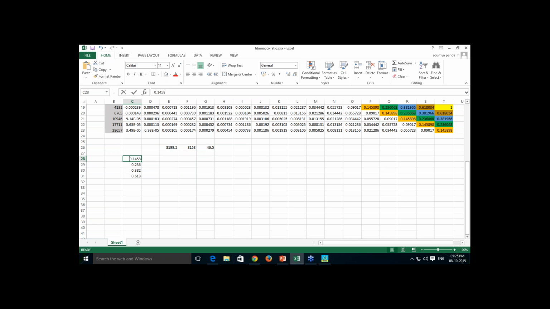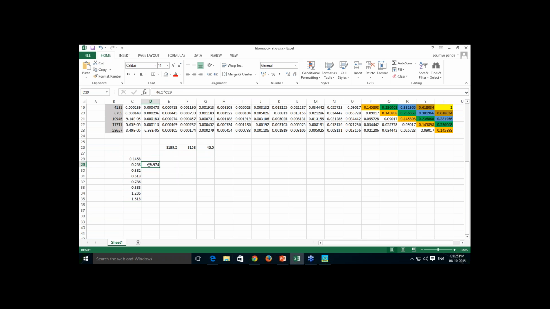Now what we have to do is multiply this 46 point oscillation with the Fibonacci ratios. So 0.786 and 0.888, these are also Fibonacci ratios. 1.236, 1.618, these are the ratios we got. Now we multiply 46.5 with these ratios.